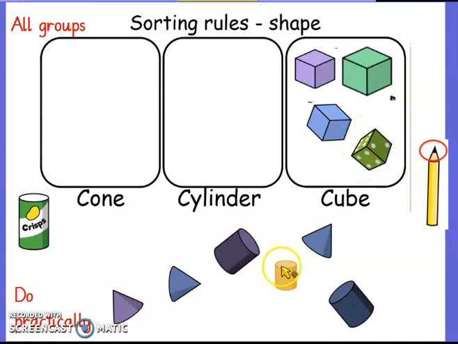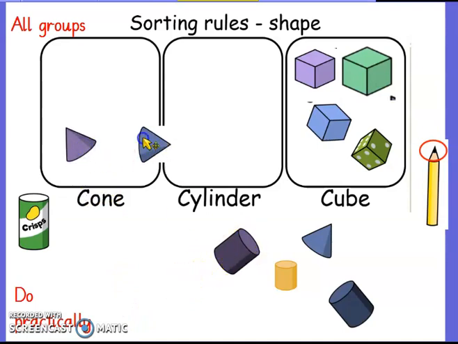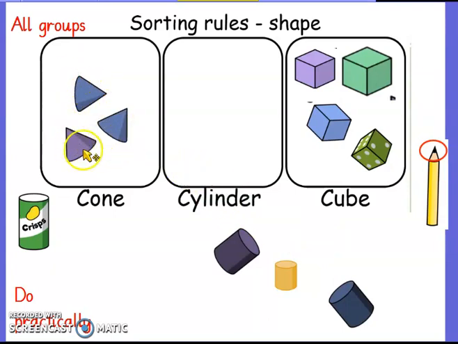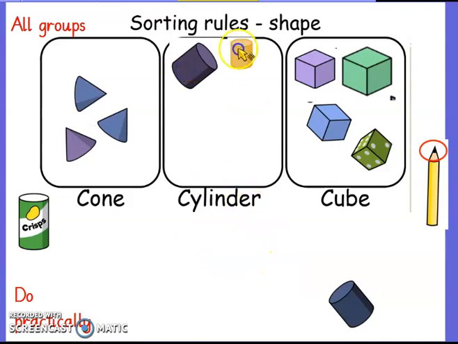Okay, what have we got left? Got some cones here. Cone, 1 cone, 2 cones, 3 cones. These are all slightly different way round, so they look a bit different, but they are all cones. And then the rest that we've got left here are cylinders.